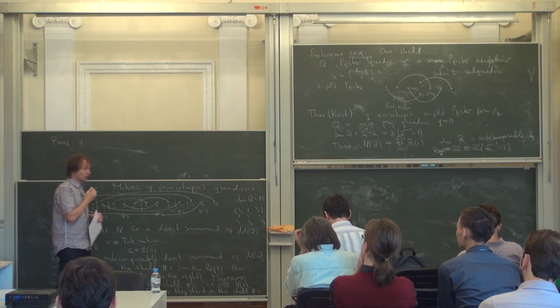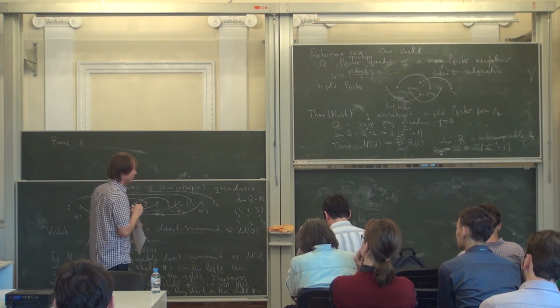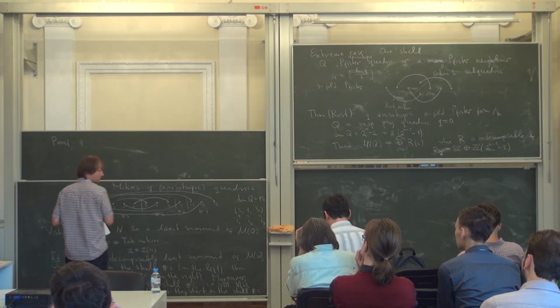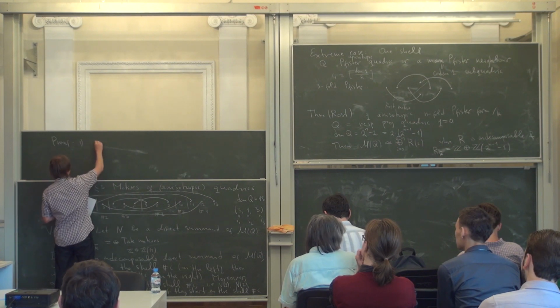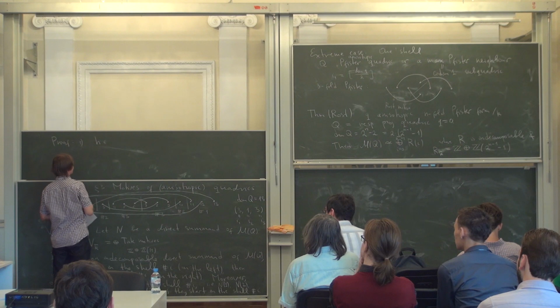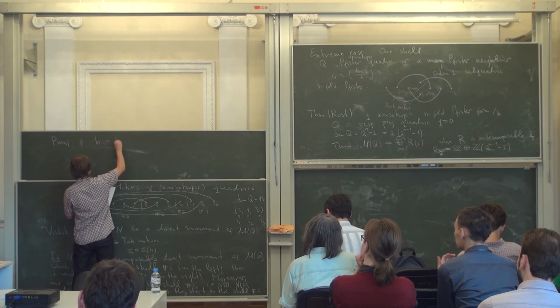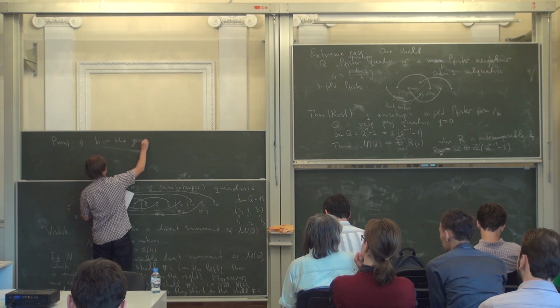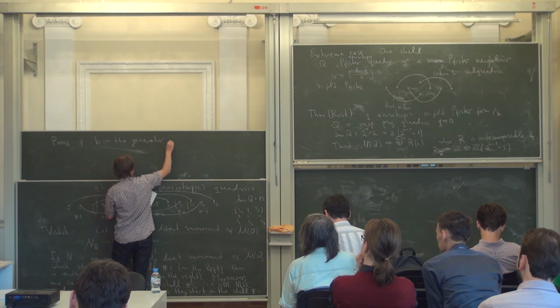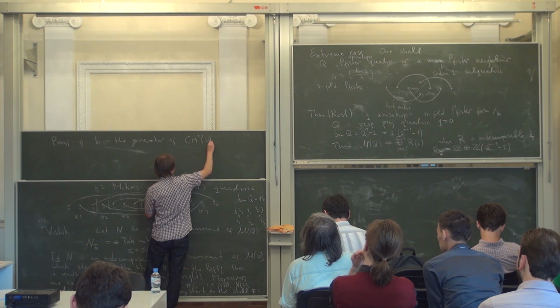So the first step: let us look at the Chow group, or even at the Chow ring of split quadrics. Well, so there is a special element H, the generator of Chow 1 of Q bar.